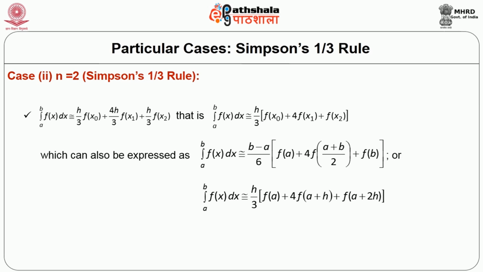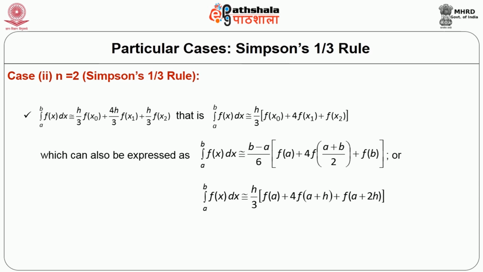And so our integration formula becomes integral a to b f(x) dx is h by 3 into f(x0) plus 4h by 3 into f(x1) plus h by 3 into f(x2). And so h by 3 we can take common. Inside the bracket we get f(x0) plus 4f(x1) plus f(x2).